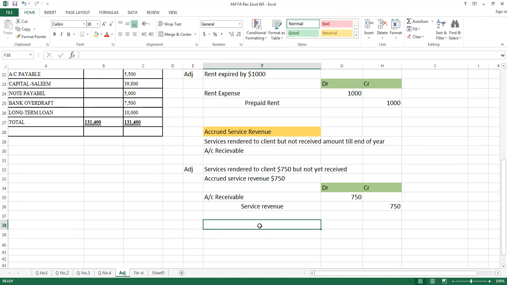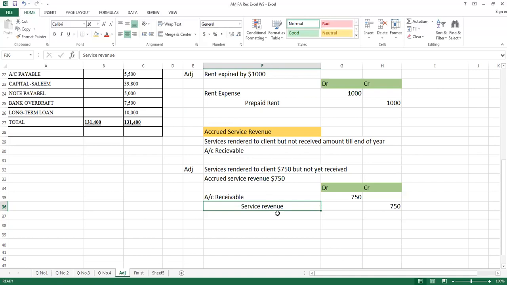And as you know, receivable has no concern with the revenue. Revenue should come on the credit side whenever you use the term that you have rendered your services.